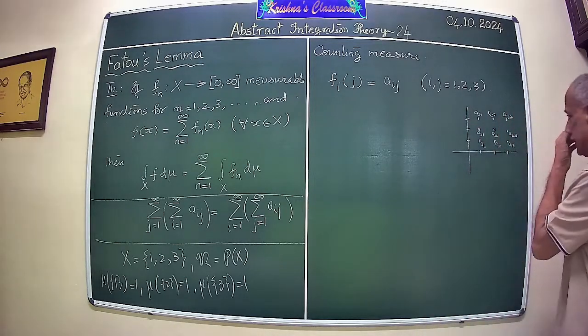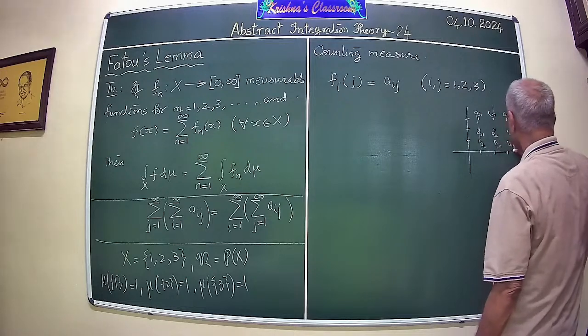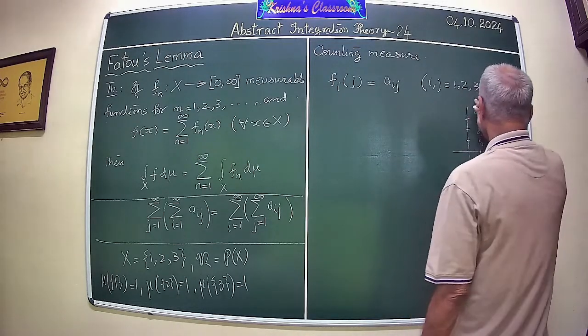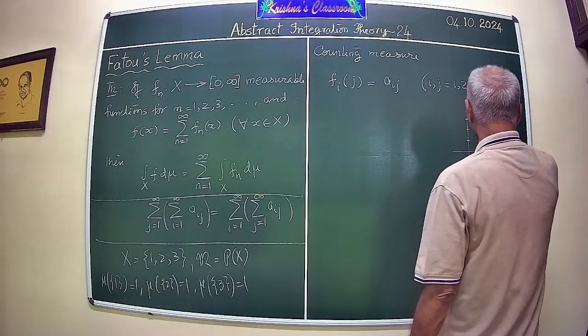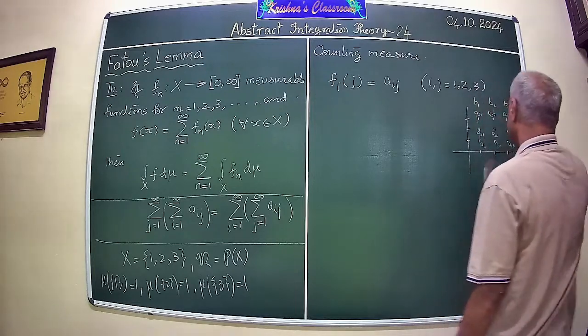What you assert is that suppose you sum up these and call the sums B1, B2, B3. Add them.